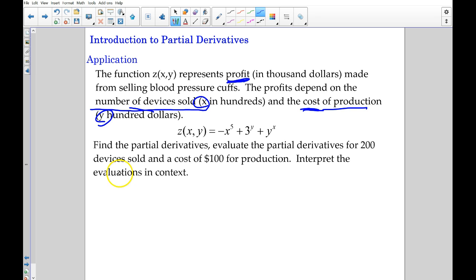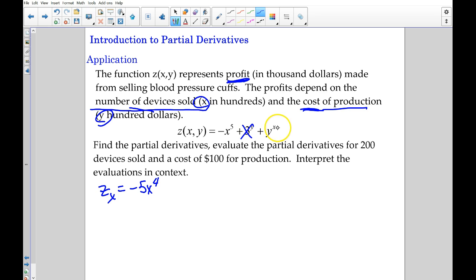So the easy part here is actually going to be finding the partial derivatives, if you can believe that. I want to find the partial of z with respect to x. Any terms that contain y and only y are constant, so that one's going to drop off, and I get negative 5x to the 4th.